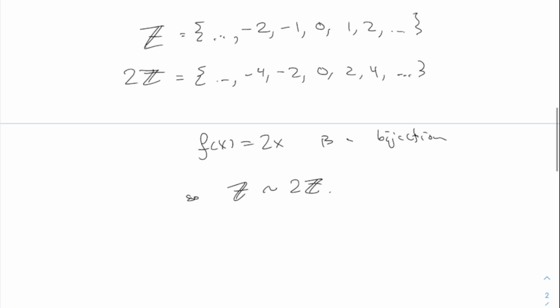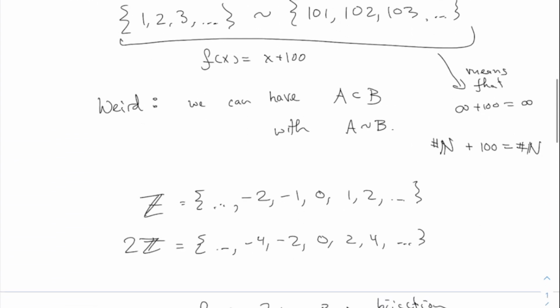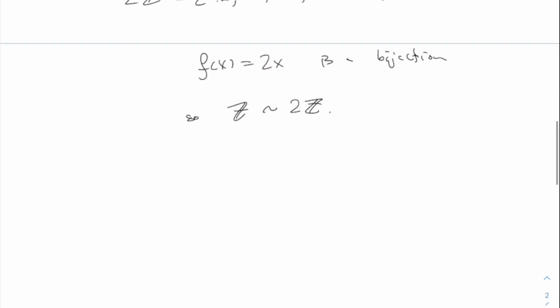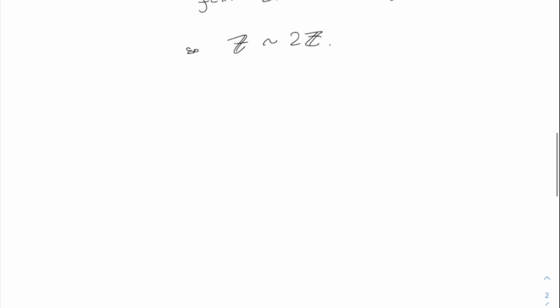All of these sets so far have been sets where I've just been writing the elements in order, but how about this? The closed interval 1 to 1 is the same size as the closed interval minus 100 to 100.